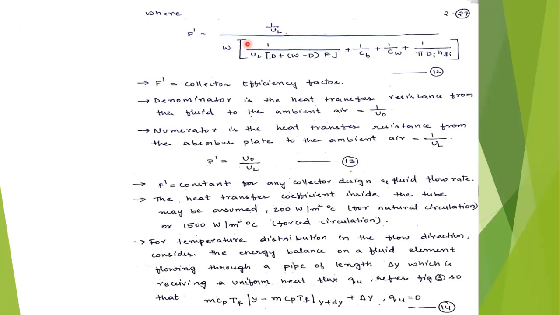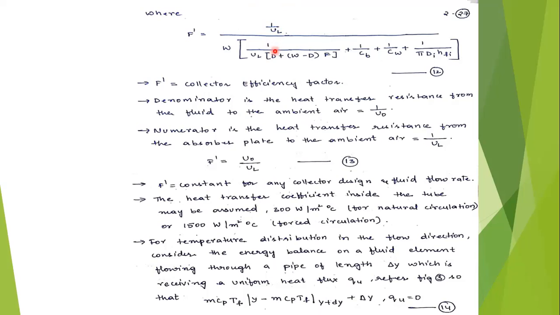In this, the denominator is the heat transfer resistance from the fluid to the ambient air, which is 1 by U naught. The numerator is the heat transfer resistance from the absorber plate to the ambient air, which is 1 by UL.